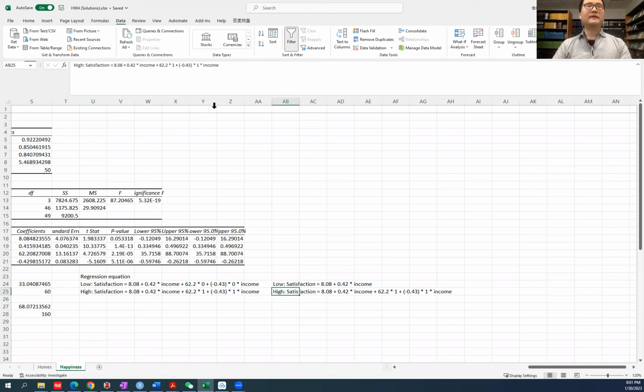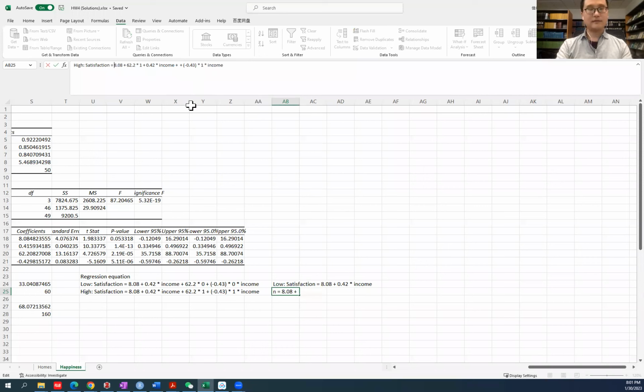So for this group instead, because we have 1 to represent the dummy variable value, this cannot be canceled, but instead it could be combined with the intercept term. So we have this, right?